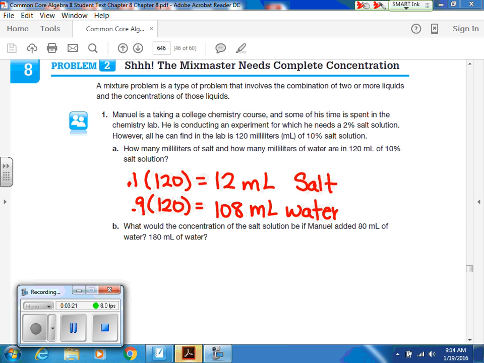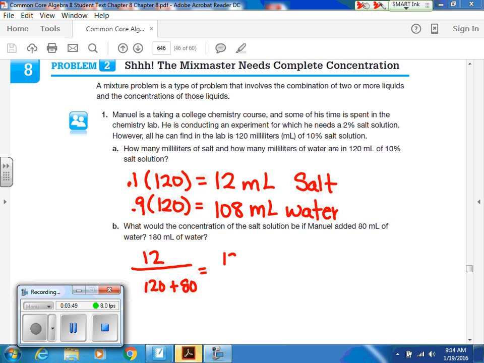What would the concentration of the salt solution be if Manuel added 80 milliliters of water? Basically, you would have, if he added 80 milliliters of water. How much salt does he have right now? How many milliliters of salt? 12. Okay, and that's out of how much? 120. And he's just going to dump in 80 milliliters of water.